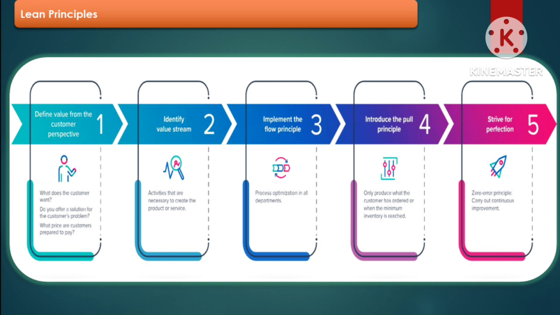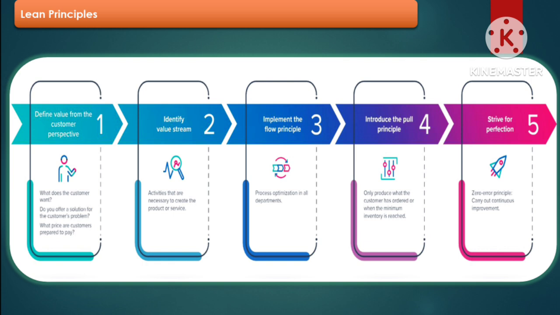The fourth principle is pull. Pull focuses on the requirement and produces the products, services, and offerings as per the customer requirement, not creating too much inventory or too many backlogs.